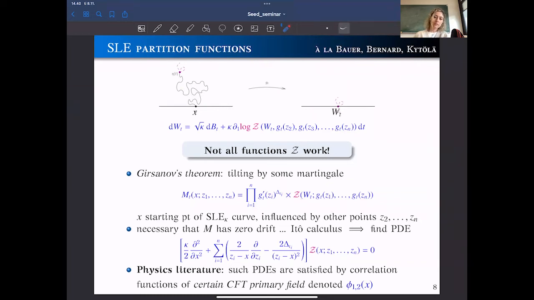But in the end of the day, if you somehow do computations of this sort, I don't have time to really go into it, you will see that this thing should be a martingale. And if this thing should be a martingale, you can calculate the stochastic derivative, like I said already. So there's some kind of chain rule over here.